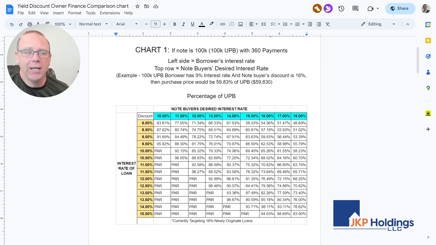The top bar is the note buyer's desired interest rate when they go to purchase it. So if we're looking at a note that has a 9% coupon rate in the loan, and the note buyer wants a 15% yield, expect a 63% discount, estimated roughly.